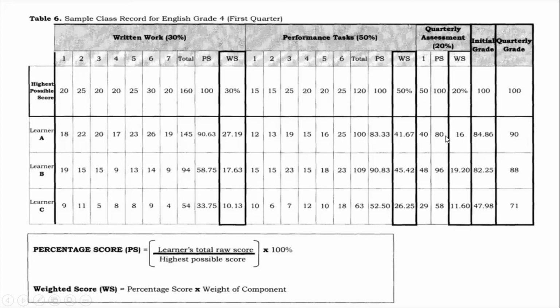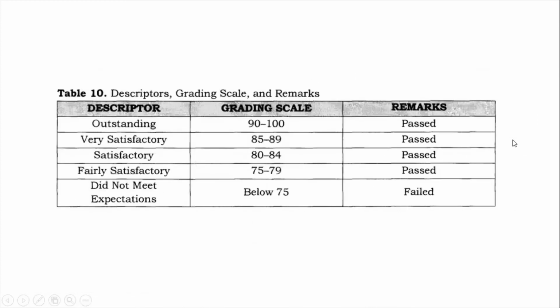So 80 times 0.20, that is 16. So you add all weighted scores: 27.19 plus 41.67 plus 16, that's 84.86. If you look into the transmutation table, 84.86 is 90. So that's your grade. It will be placed on the card.